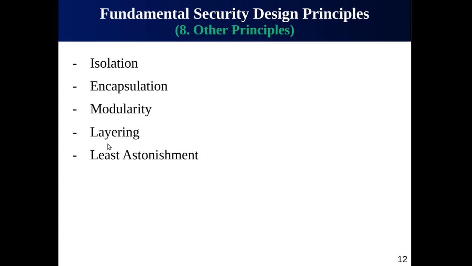Astonish means to surprise the user, to amaze the user. For example, the mechanism for authorization should be transparent enough to a user that the user has a good intuitive understanding of how the security goals map to the provided security mechanism and things like that.